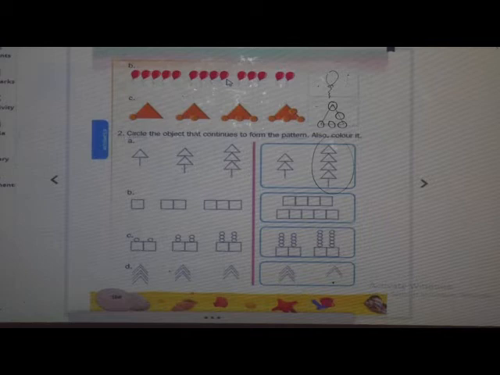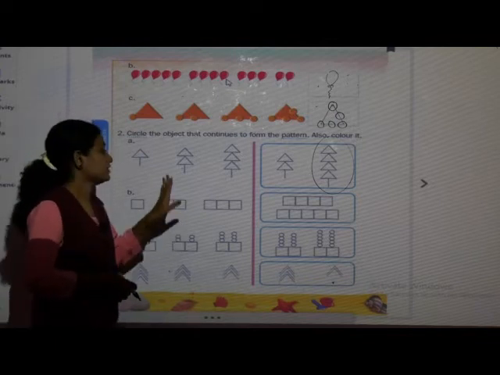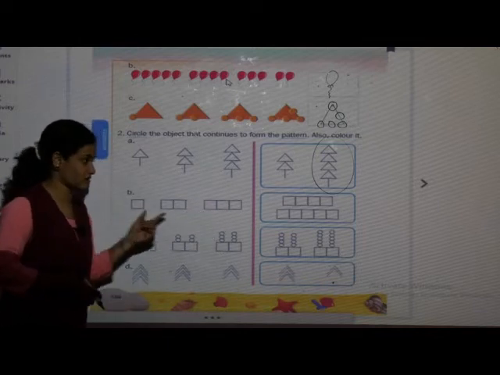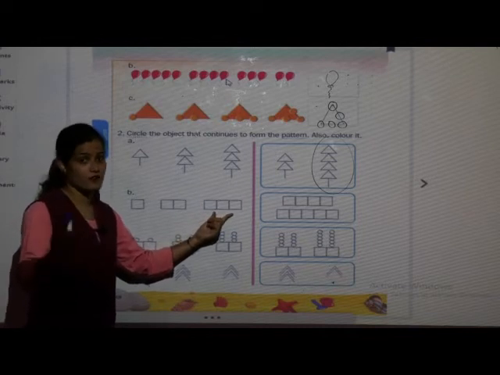Come on, circle the next second one. Do it fast. Done? Okay. Now we go to the next one. 1 box, 2 box, 3 box. It is increasing. Yes, no students? 1, 2, 3. Next 4.